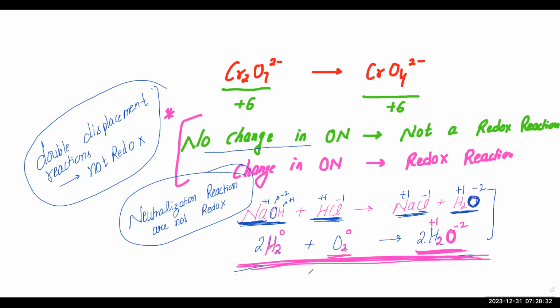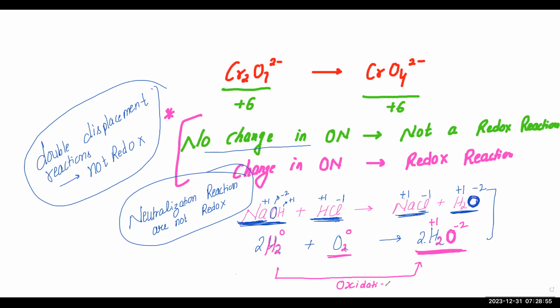So, is it a redox reaction? Is there any change in oxidation number? Going from H2 to H2O, is it an increase or a decrease? I'm going from hydrogen gas, 0, to +1. Oxidation, yes, an increase in oxidation number.